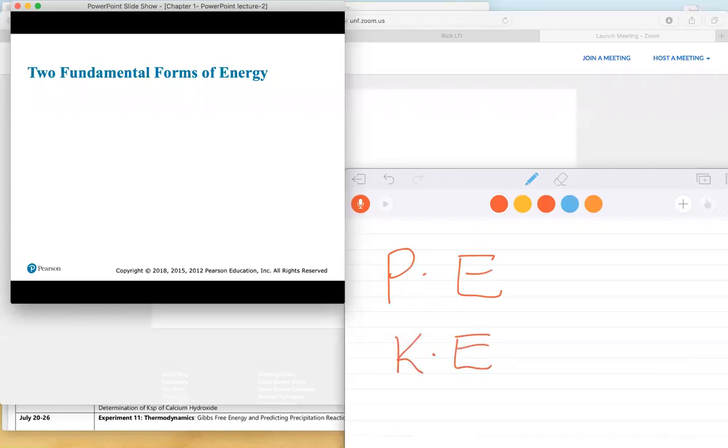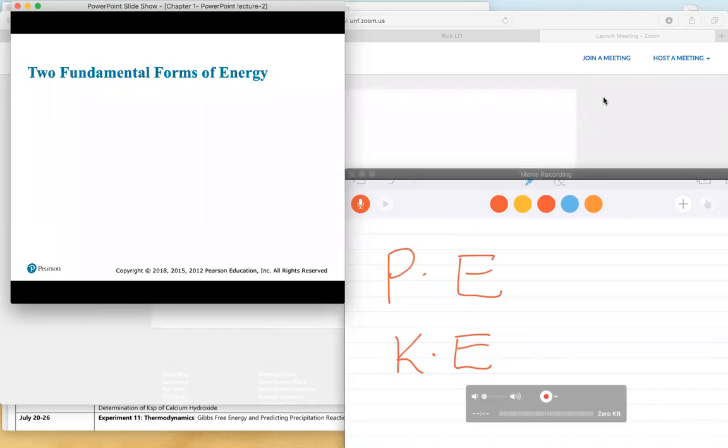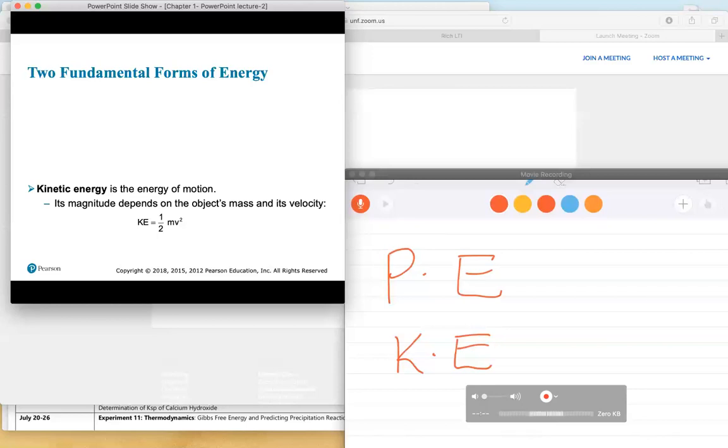These are the two types of energy you should understand. You should be able to differentiate between the two. Kinetic energy is simply the energy in motion. It is the energy possessed by a moving object.